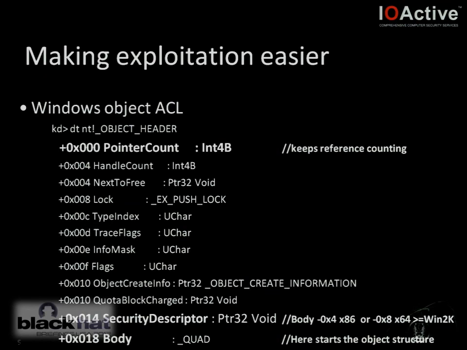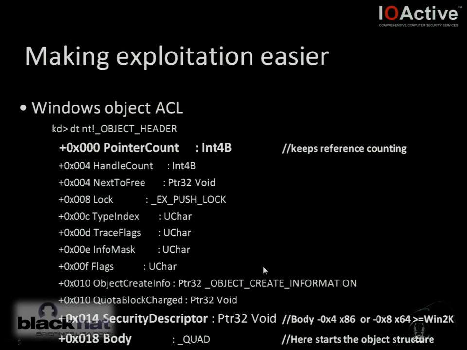For instance, if it is a process, then here the body offset will start the EPROCESS structure. What I found interesting here is the security descriptor field. This ends up being a pointer that points to ACL-related information. And this is fixed across all Windows versions.